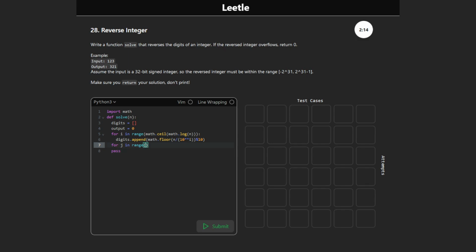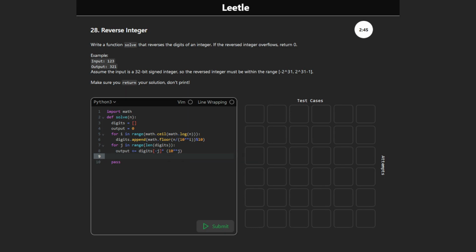For j in range, len digits, we're going to do output plus equals digits minus j times 10 to the power of j.